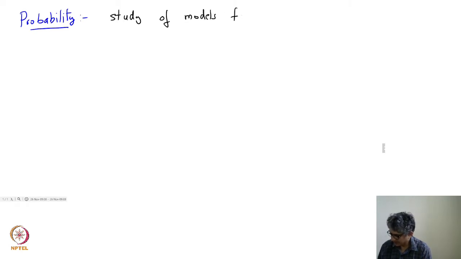So in probability, on the one side, like we discussed, is the study of models for a random experiment. And the crucial thing is, this is applicable when the model is known.